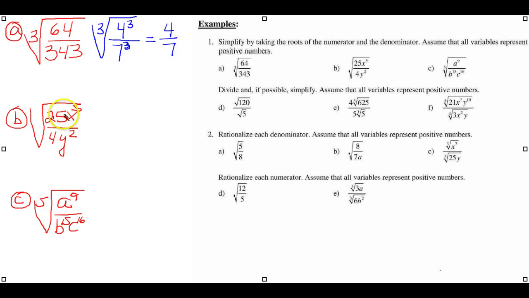Now for letter B, we're going to use that same technique we used before. We're going to divide these into perfect square factors, and we know 25 is a perfect square. Now for our x term, it will be x to the fourth with an x left over.